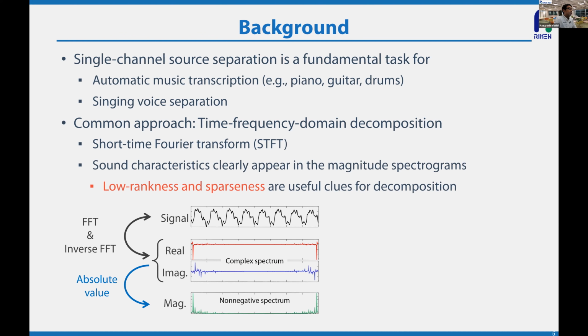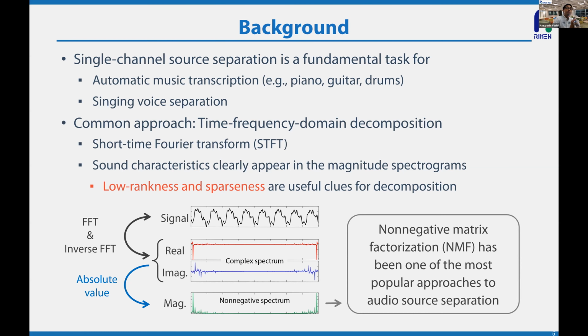And then usually you ignore the phase information and get only the absolute value like this. Because low-rankness and sparseness, which are important characteristics of audio signals, are useful clues for decomposition in the absolute value or power spectral domain, that's why you usually ignore the phase information.